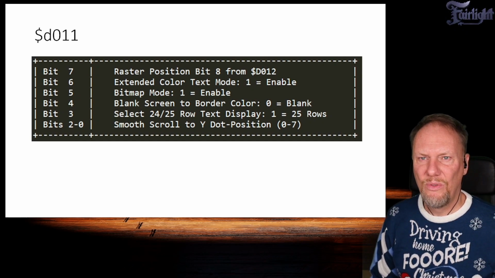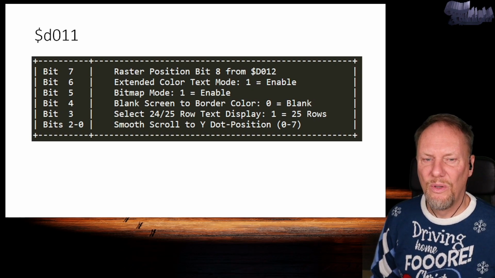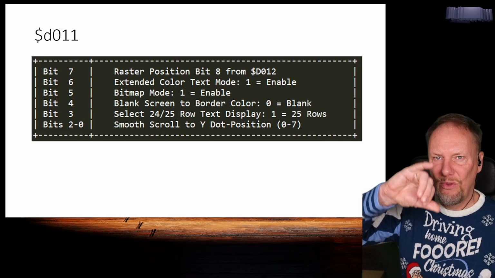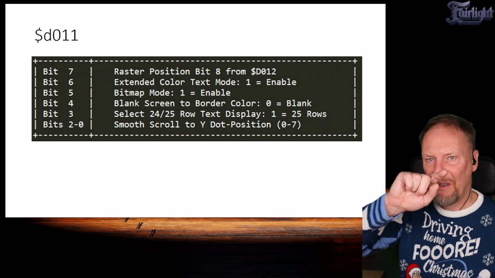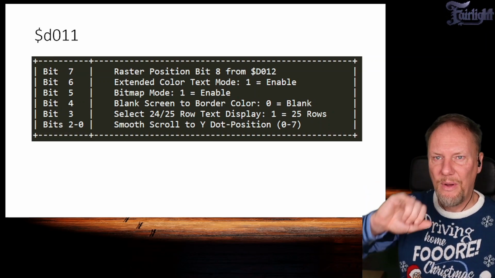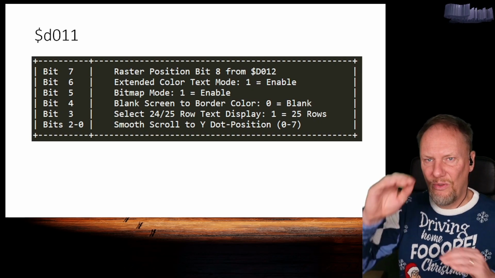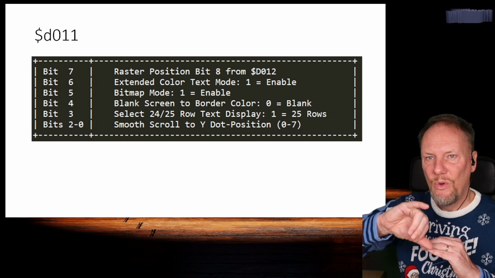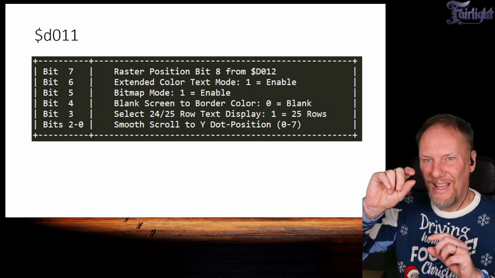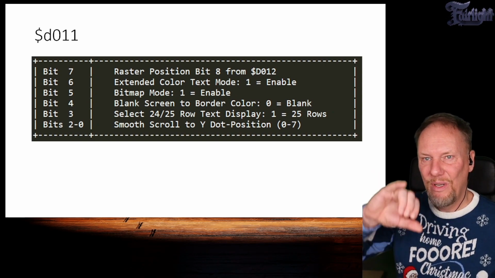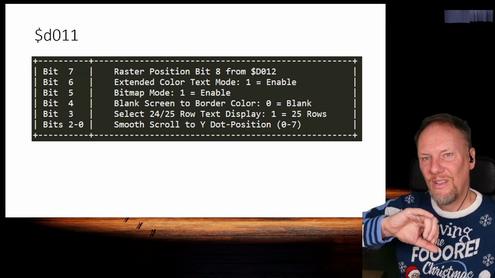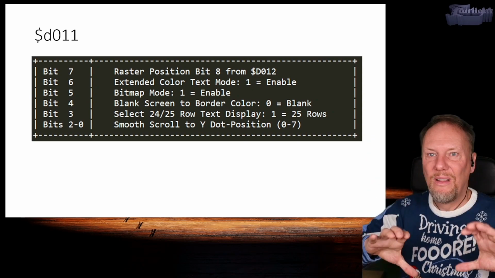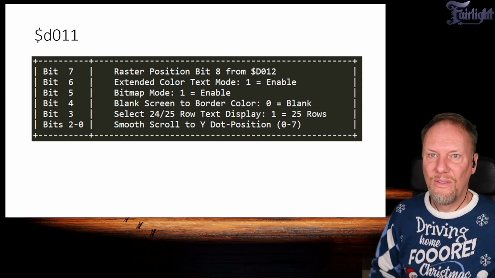And why would you want 24? Why don't you always want 25? Well, in combination, if you have 25 and you smooth scroll, the entire visible screen area will be moving up and down. Whereas if you set it to 24, the movement will be inside that hidden 25th line, which means you can smoothly scroll up and down without moving the edges of the screen as well.